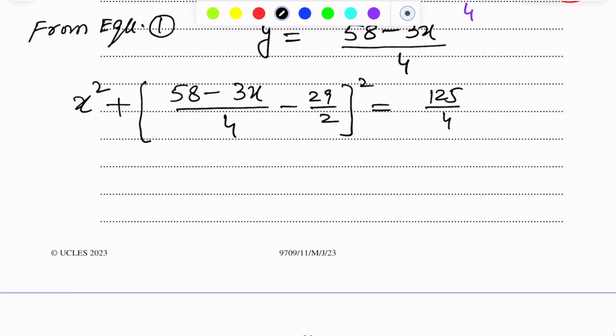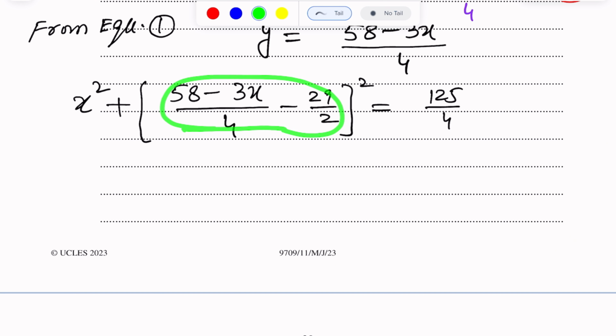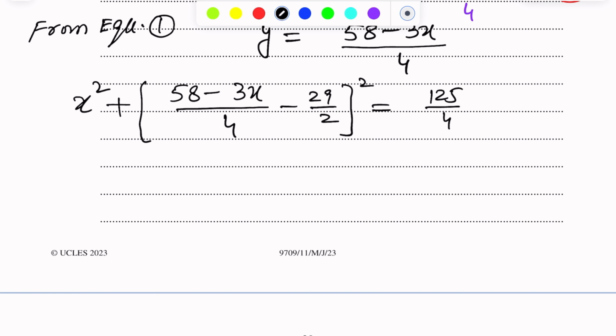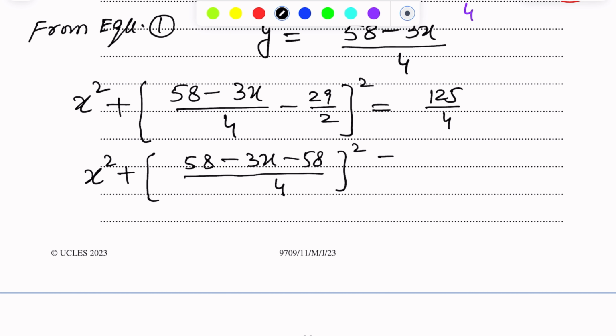We are putting this value of y in the equation of circle Q. Now we will simplify it. Taking the LCM inside the bracket, there are two fractions: x square plus 58 minus 3x minus 58 over 4, whole square, is equal to 125 over 4.